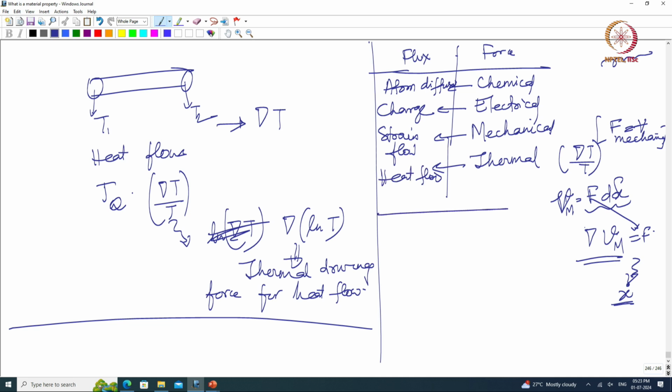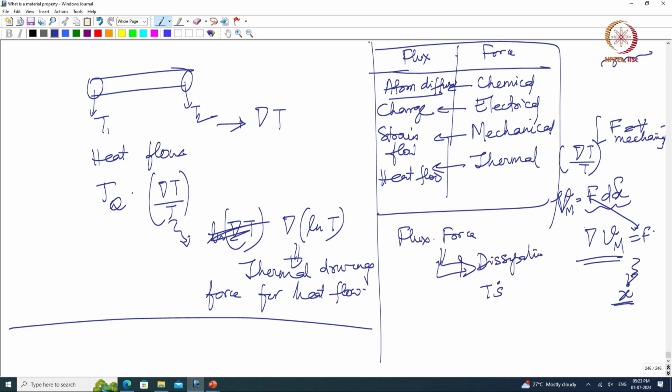All these flux times force give me dissipation, or T s dot. It just loses the energy that you are supplying in the form of heat. So it is just gone.